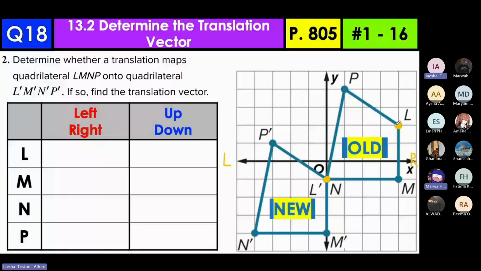We're going left from L to L prime. How many? 4. Up or down?